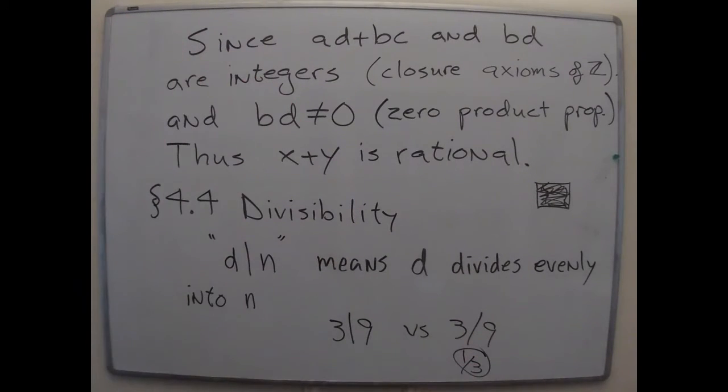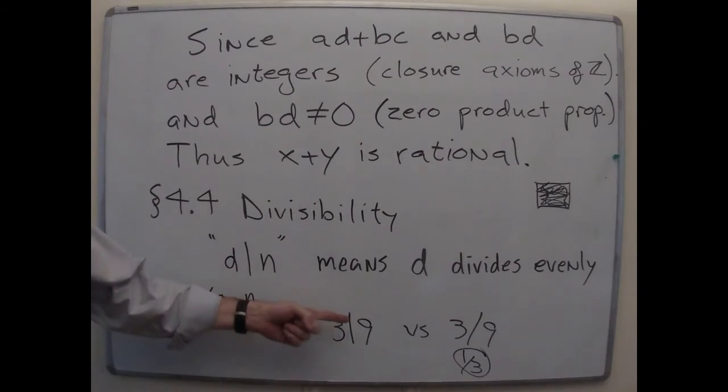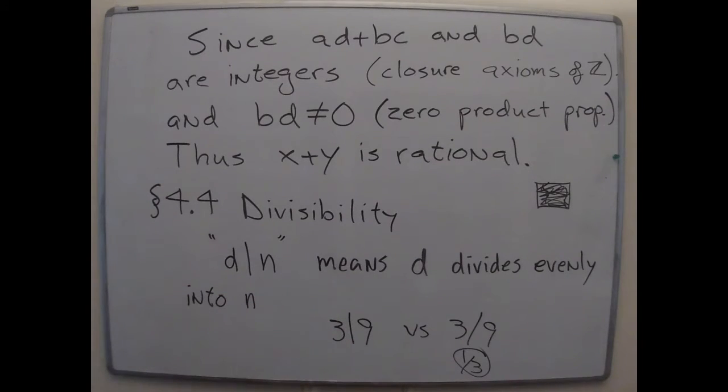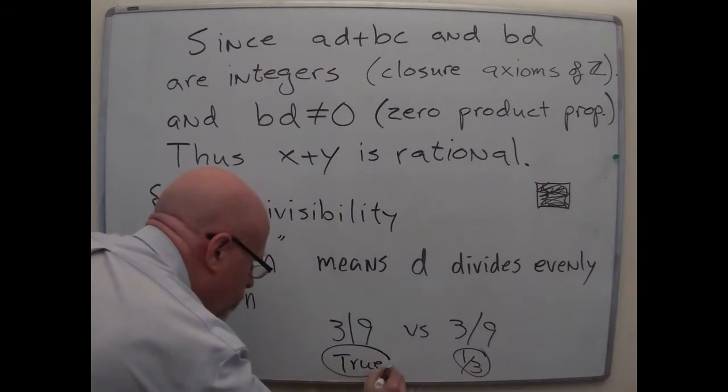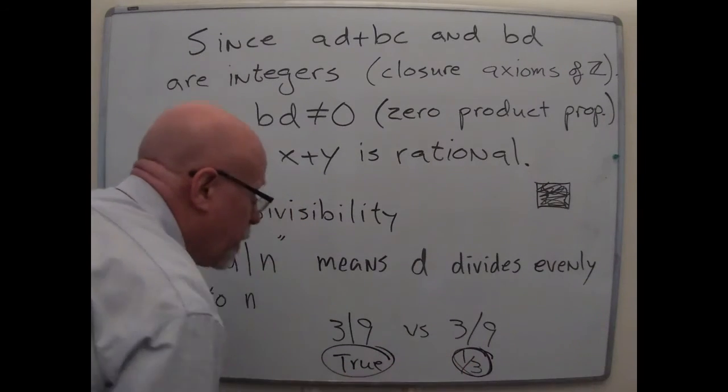What's this? This is asking a question, not proposing a numerical answer, but asking, is it true that 3 divides evenly into 9? Well, yes, it is. So this thing here is true. You see how true is really rather different from 1/3?